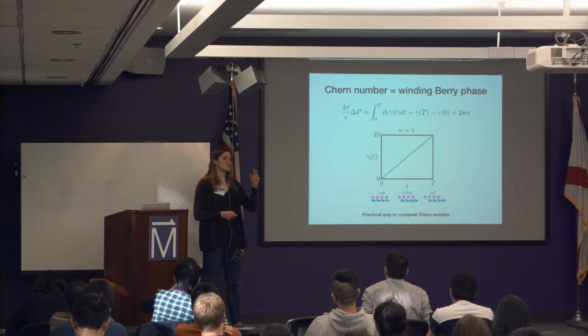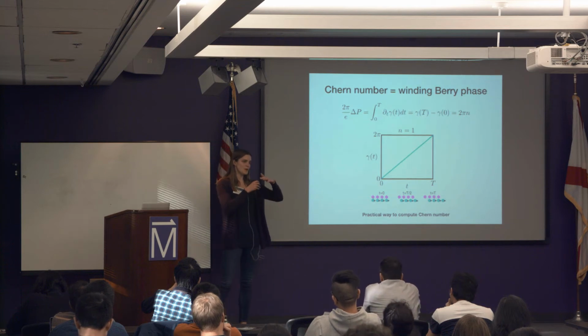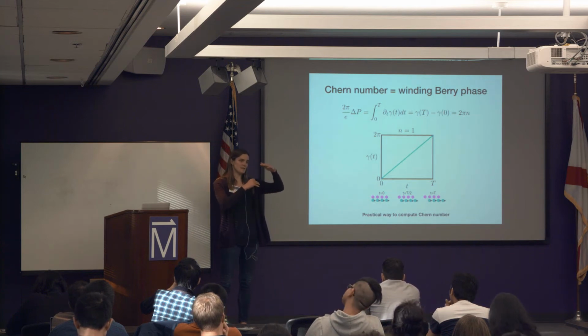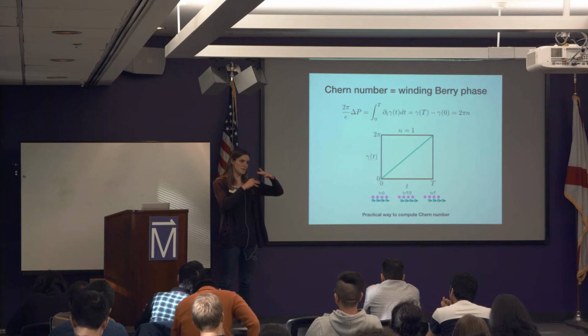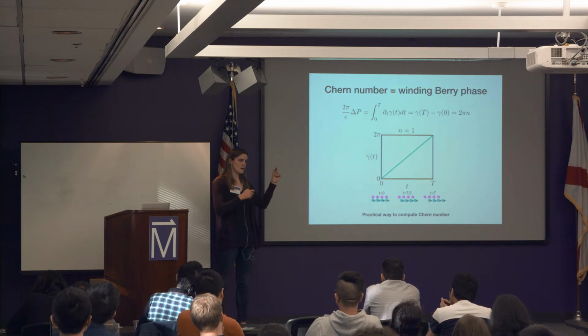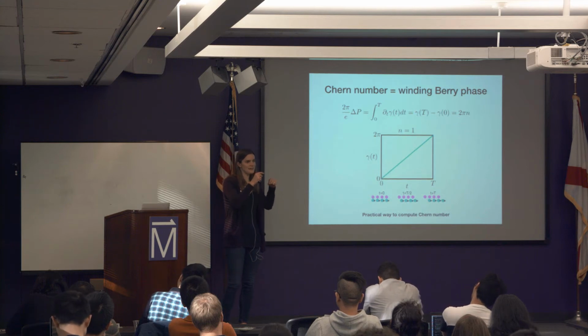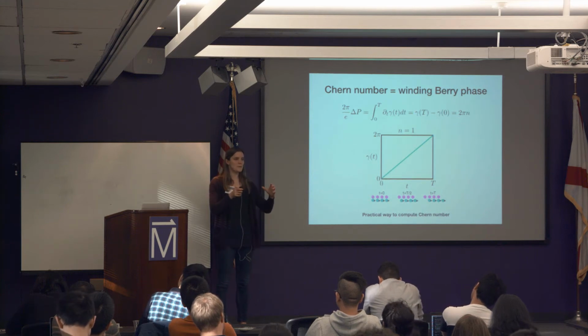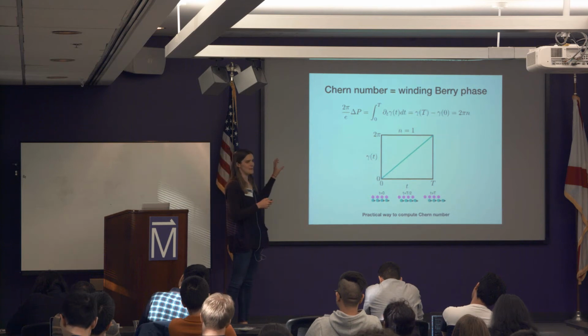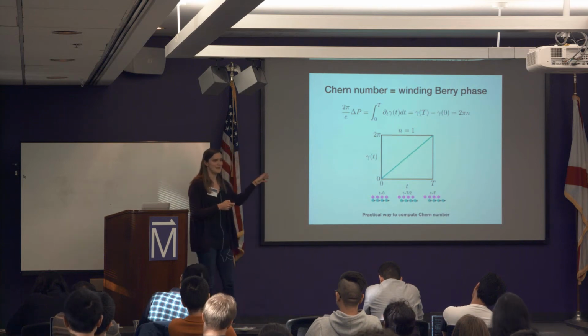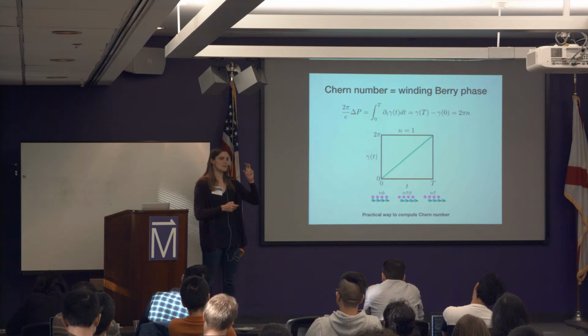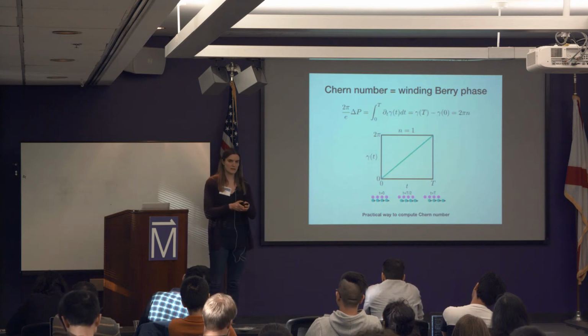We always have this energy gap, and so for our system, say we have valence bands and conduction bands, and there's some energy gap in between them. We want to capture the Berry phase of one particular band. If we move too quickly, we'll jump across the gap, and then we won't be targeting this band. So the transformation needs to be adiabatic, and the energy gap is how that enters.